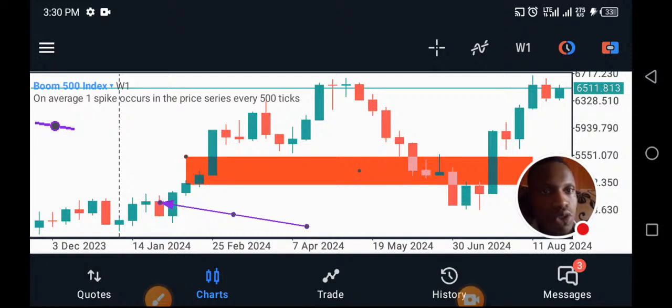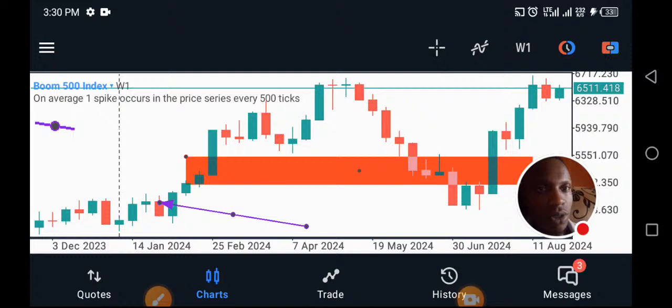So whenever you want to draw this zone on this particular candle, because this is a small candle, number one, and then the wick is also very tiny, whenever you want to draw it out, make sure you cover the entire candlestick from the wick here up to the body here down. So make sure you cover the entire candle. Do not start drawing it from the body.